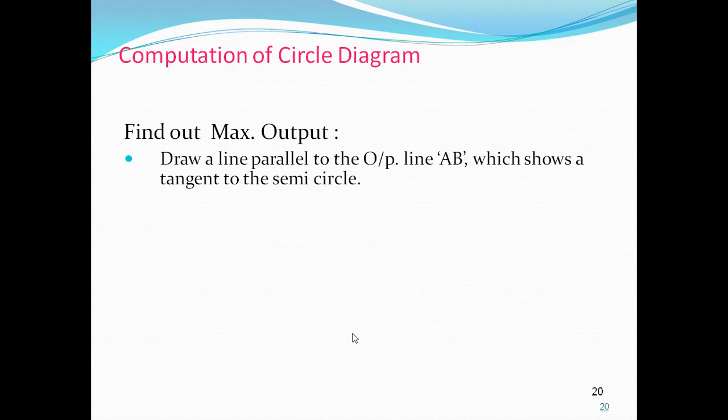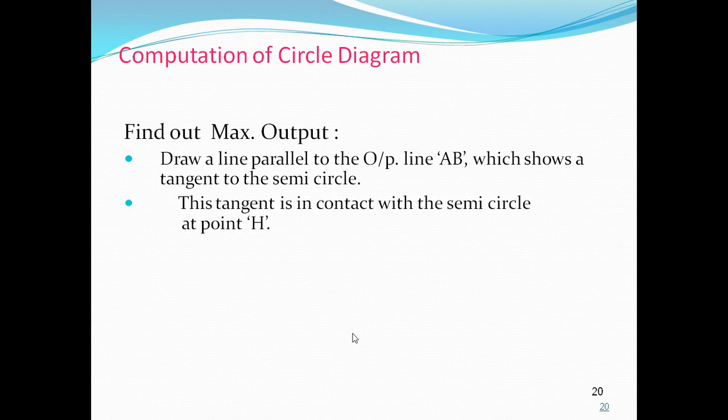To find the maximum output, draw a line parallel to the output line AB, which represents a tangent to the semicircle.